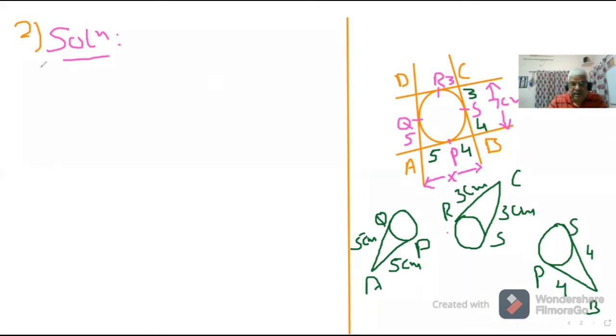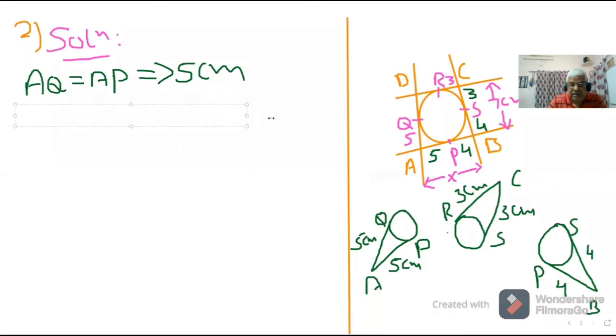Now, how to write the steps? First, you have to take AQ measurement is equal to AP measurement. AQ and AP, both of them are equal to 5 centimeter. Again, the reason is the same. That reason is what you have to write, my dear friends.